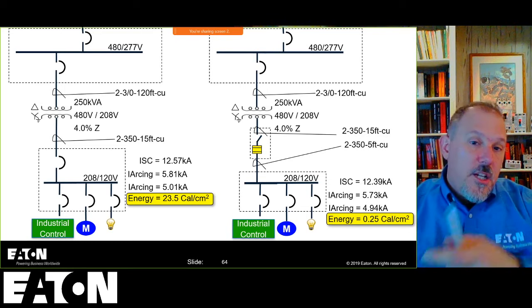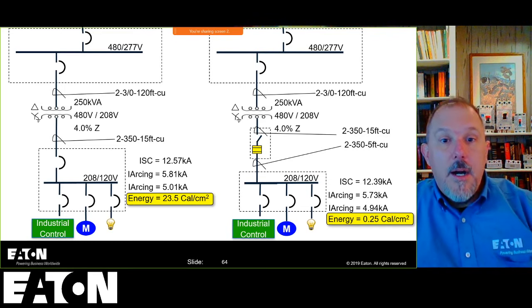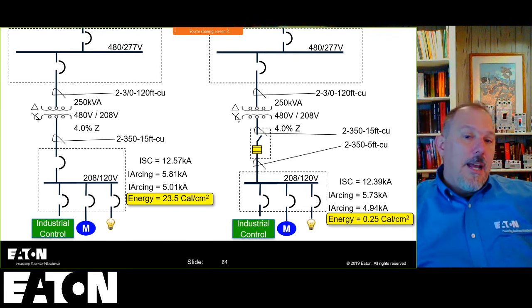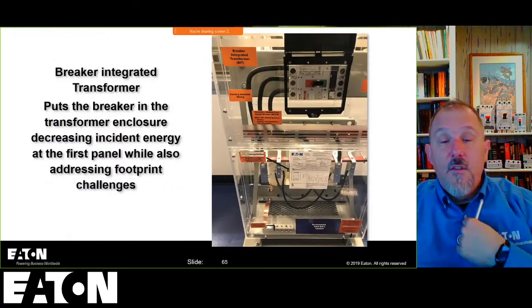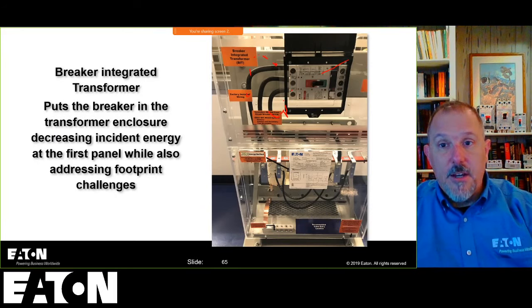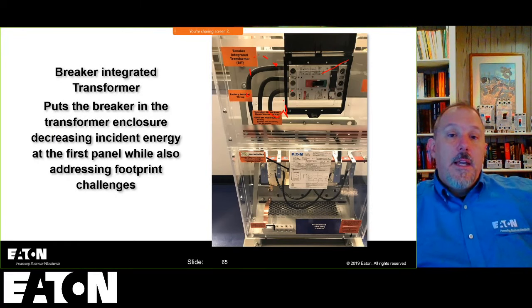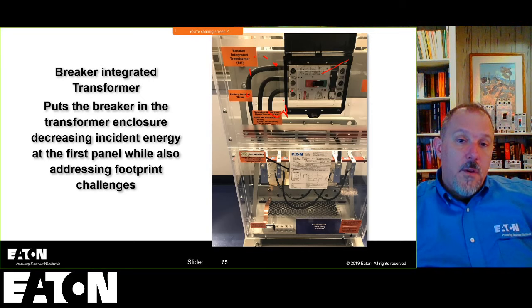That will change the fault current. It will go up, but it will not increase my incident energy all that much. But that, to me, from a design decision and incident energy calculation, is going to offer a lot of good in our systems.